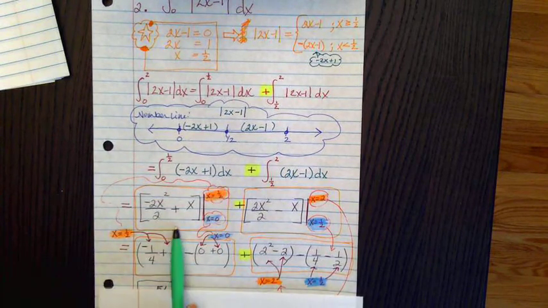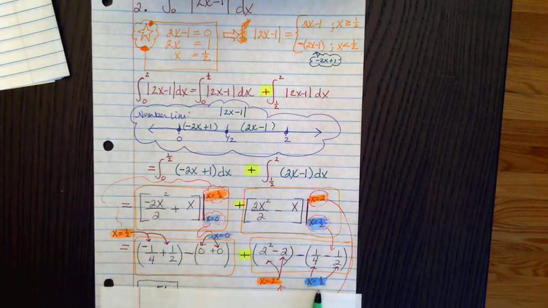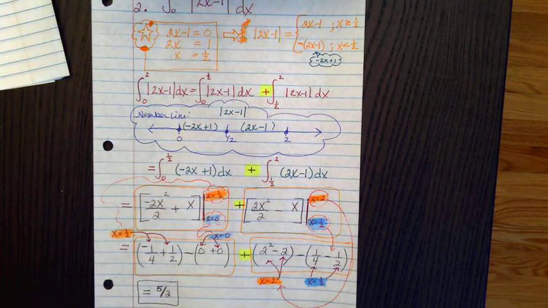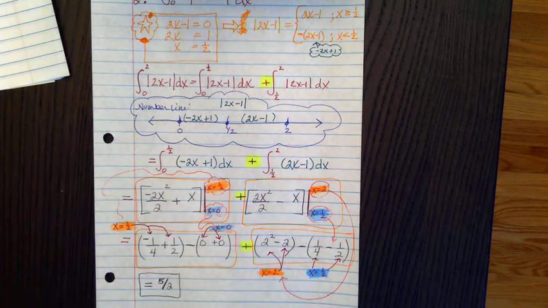So from here, we just substitute our x equals 1/2, x equals 0, x equals 2, x equals 1/2, and complete the arithmetic. Then we add our two problems together. If you go back and do that arithmetic, you should get that the final value comes to 5/2.